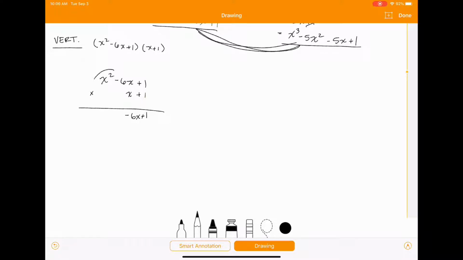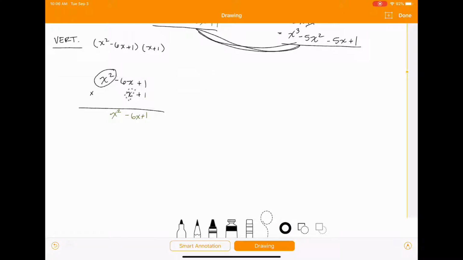And then we're going to have x squared times 1, which is x squared. All right, and then once you've done that, we'll go ahead and make this green as well because we multiplied it by the green number.